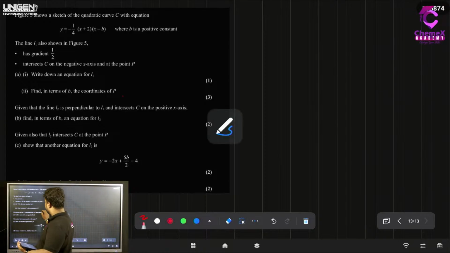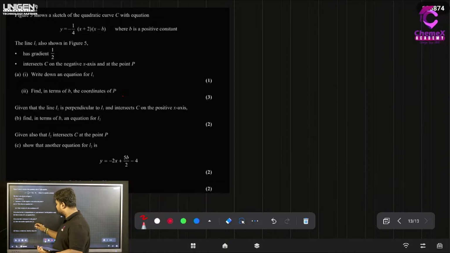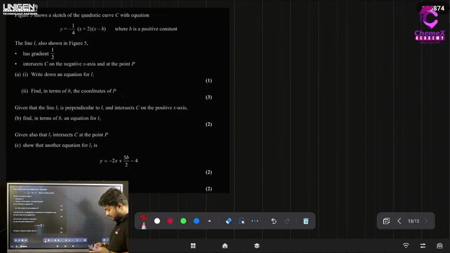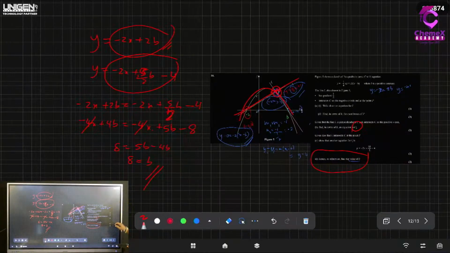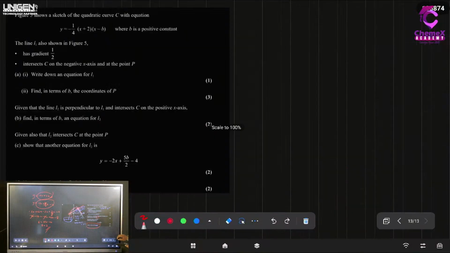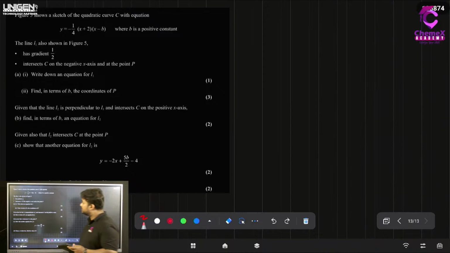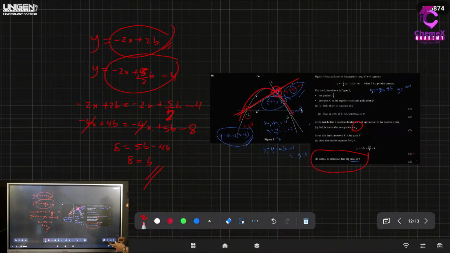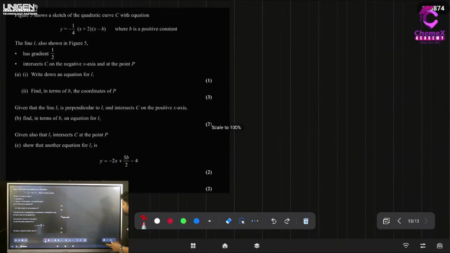L2 intersects at the positive x-axis. Let me check. Is there another part in that? Yeah, D, right? We did until D. So what is this? Is there another question in this?